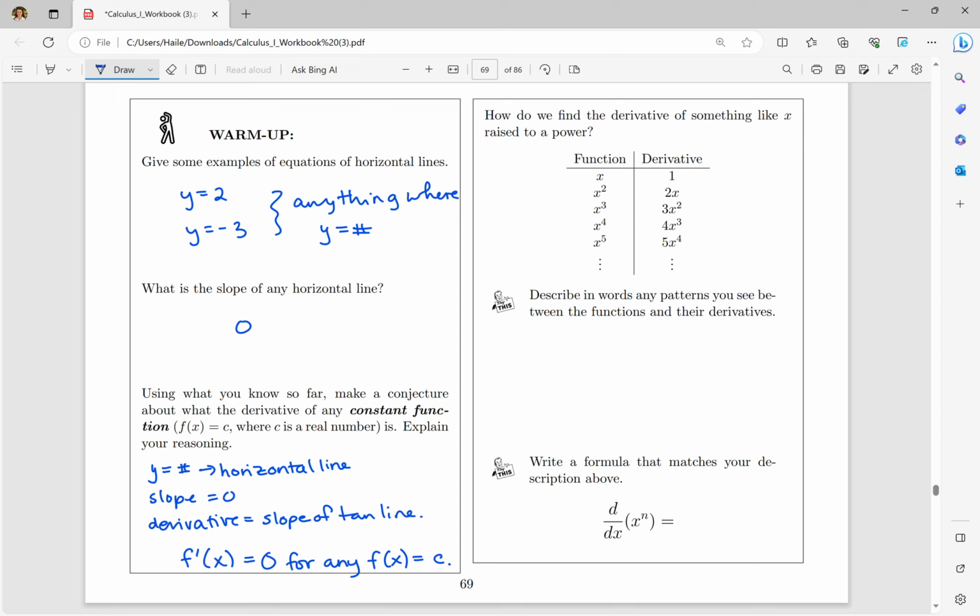So I'm noticing two things. I'm seeing that the exponent in each function becomes the coefficient in each derivative. So the exponent from each function becomes the coefficient in the derivative.